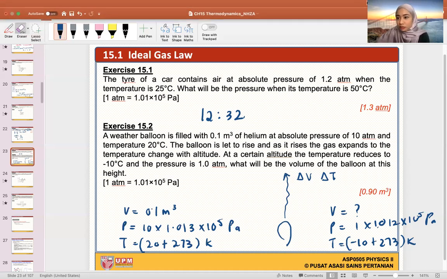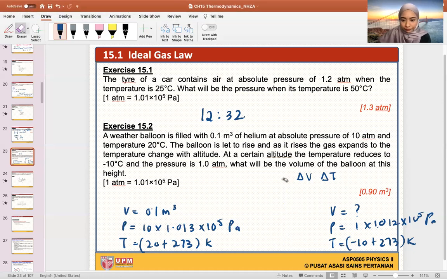Okay, 5 minutes. So 12:45. What equation should you use here? Just senang je kan?